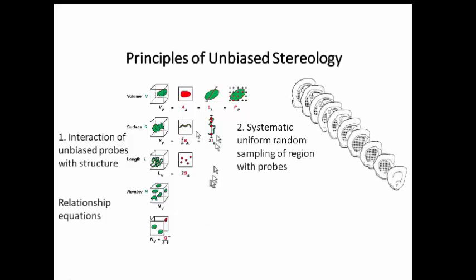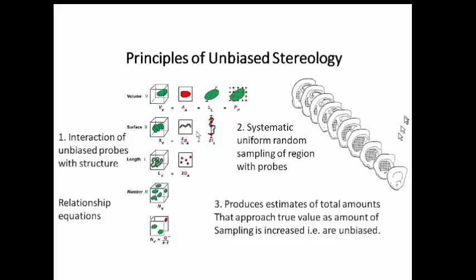So in addition to having these probes that one is going to use for different parameters, one also has to be concerned about how one positions these probes within a structure. So what is being advocated here is systematic uniform random sampling of regions with probes. So here's a region of the brain, and this is showing the placement of probes of different type to make estimates of the different structural features.